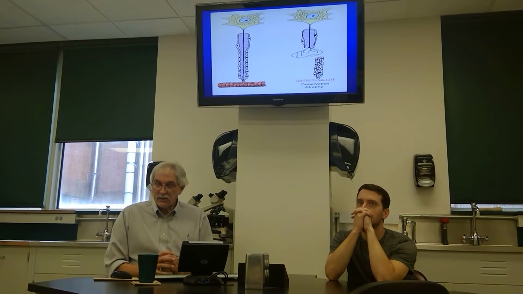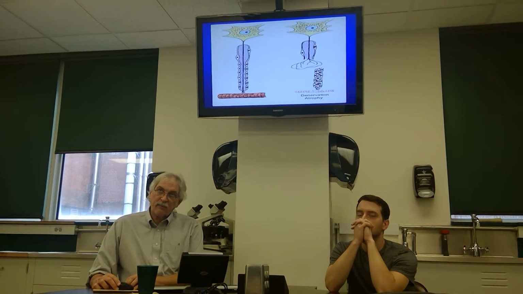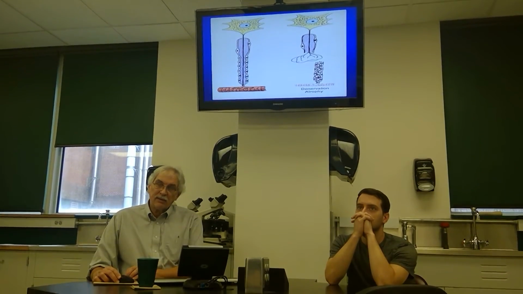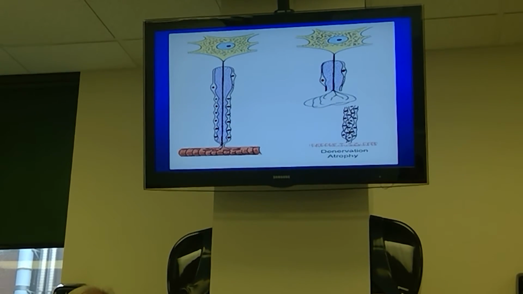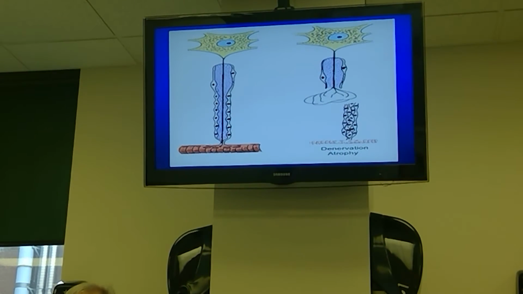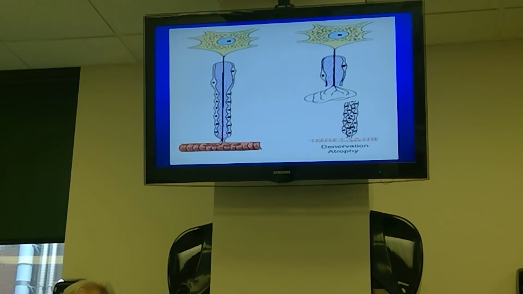Here's an example of what I'm trying to say. In the image to the left, we've got a multipolar neuron, let's say in the gray matter of the anterior horn of the spinal cord. It's got a single axon, and it's myelinated. You know the cells that myelinate it in the CNS are oligodendrocytes, and in the PNS, Schwann cells.